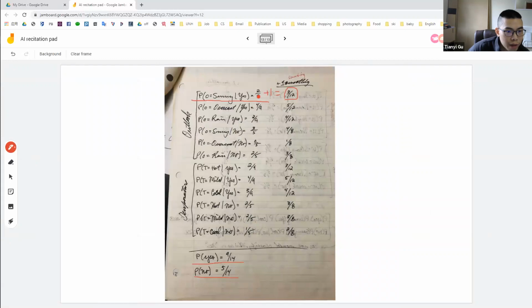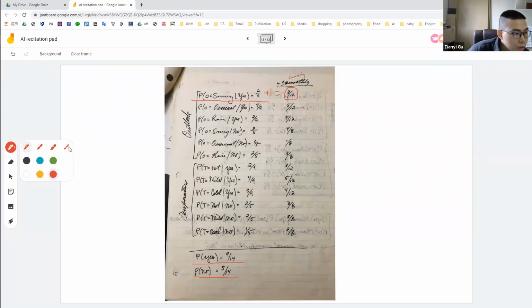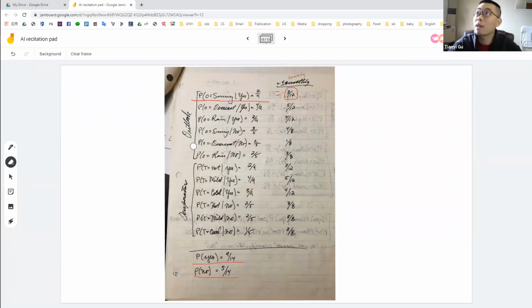So for each one we add 3. Can I zoom this? Let's erase this. Maybe I want to do it on the pad. This +1 is very important, otherwise your training results are going to be worse.